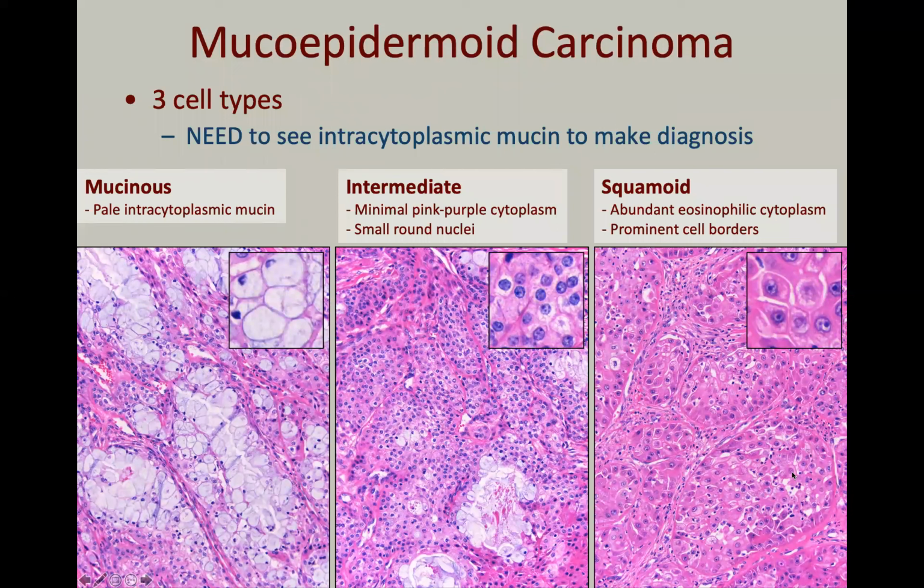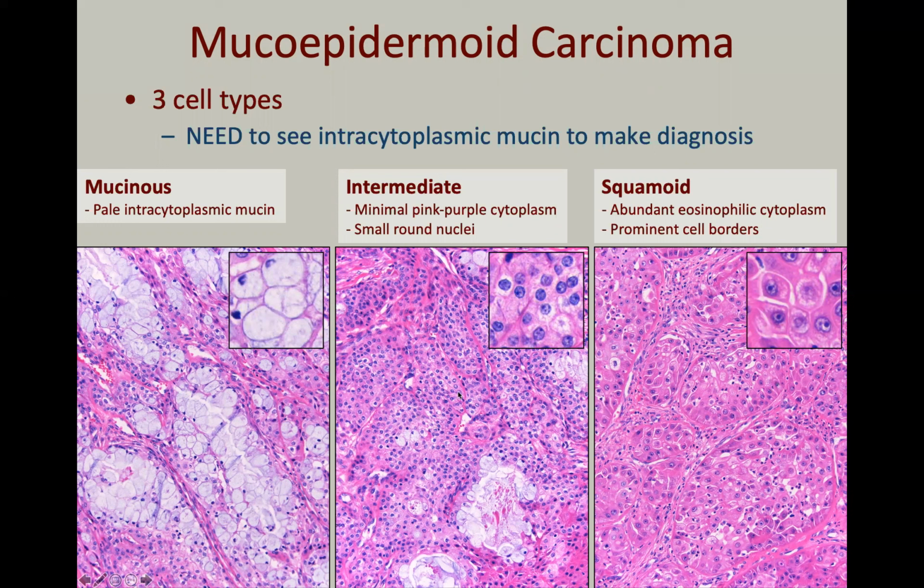What you need to see, essentially, are these 3 cell types. The 2 that you're most commonly going to see are the intermediate and the mucinous. The squamoid can sometimes be hard to identify. The mucinous are, of course, large and ovoid with pale intracytoplasmic mucin. The squamoid have abundant eosinophilic cytoplasm and prominent cell borders, as we would see in squamous cells.